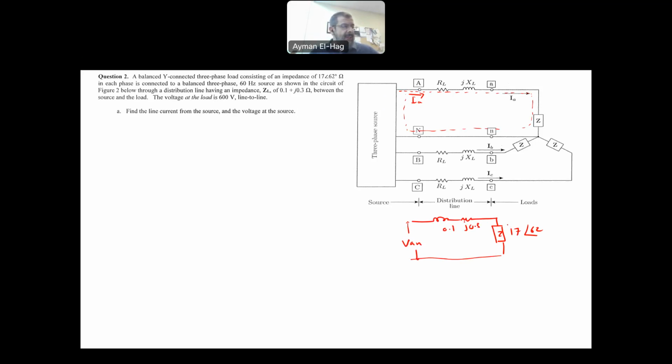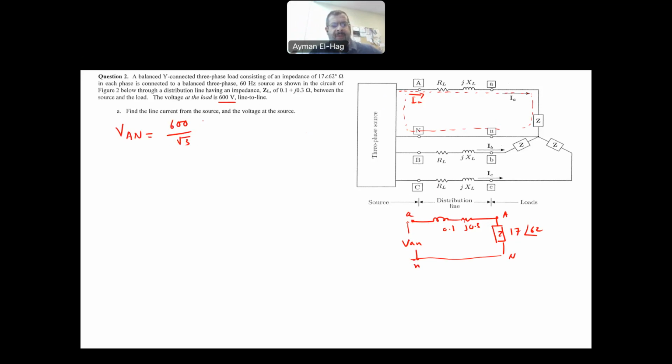Now we are given the line voltage at the load, but since we are working in a single phase, I need to find this voltage basically line to neutral. So the voltage, I will call it VAN capital, so this is AN, and this is small a n. So your VAN, the voltage across the load, is the 600 divided by root 3, because in Y connection, the line to line voltage is root 3 times the phase voltage.